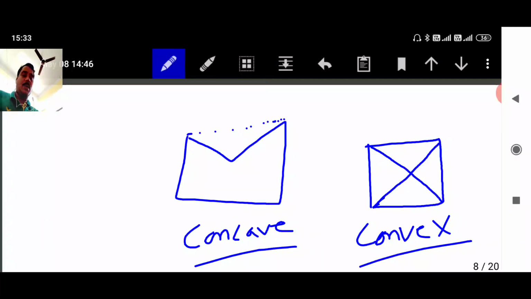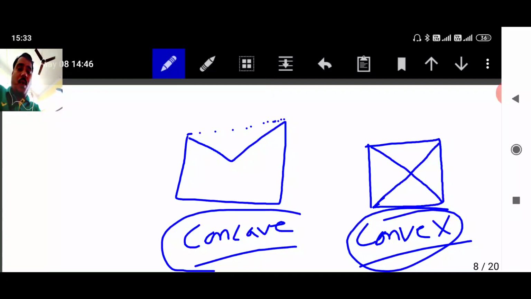Okay, clear it. If all diagonals lie inside, then it is known as convex, and if any one diagonal or portion of a diagonal lies exterior of the polygon, then it is known as concave.